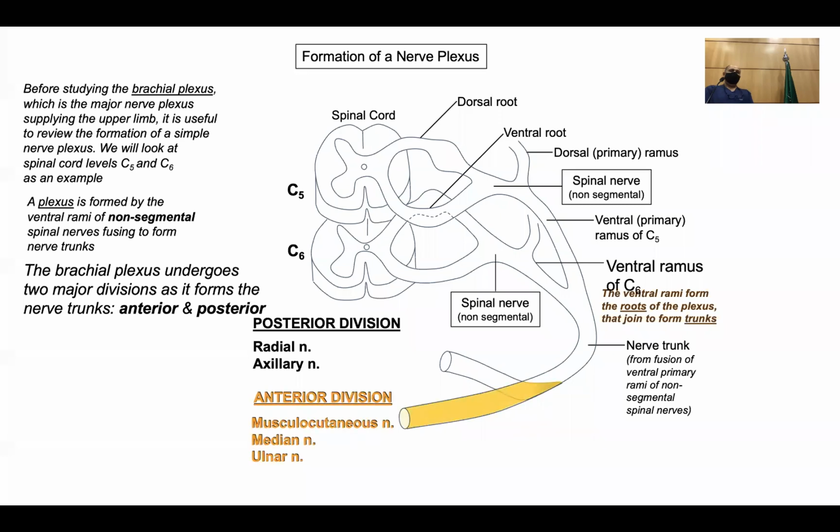Now you can see that from these two, the motor and sensory fibers blend together and make one plexus. Then this plexus further divides and divides and divides. We'll be talking about that. Are we clear? So this is how we are blending two spinal nerves. Each spinal nerve has motor, each has sensory, each has sympathetic. Now this all has been blended, then we take branches again after this. Are we good?